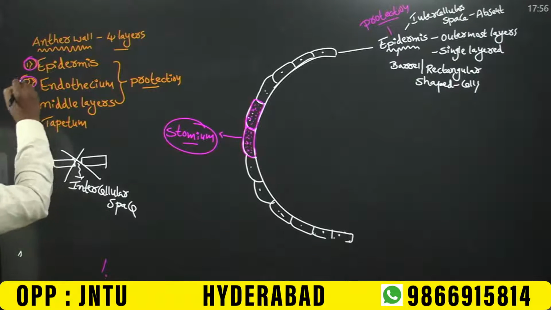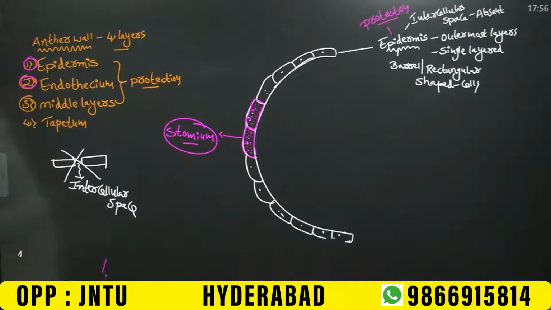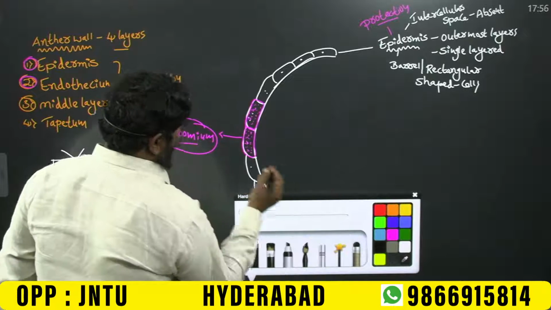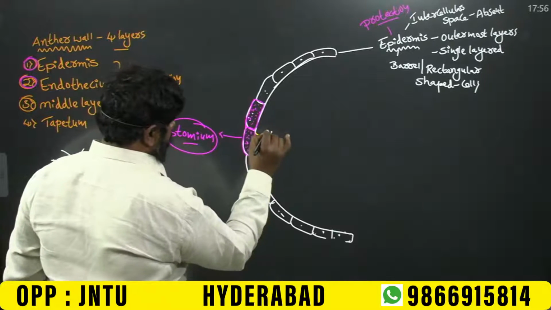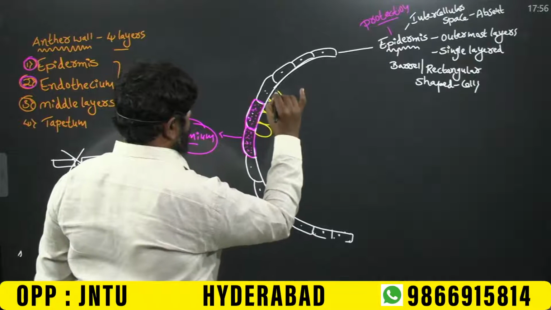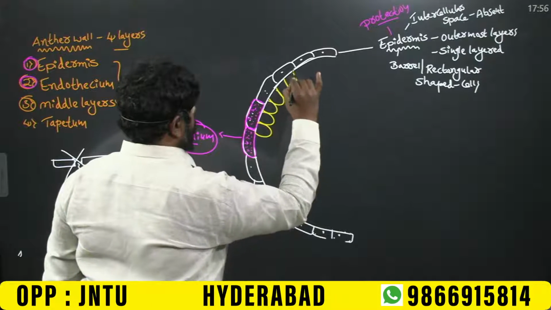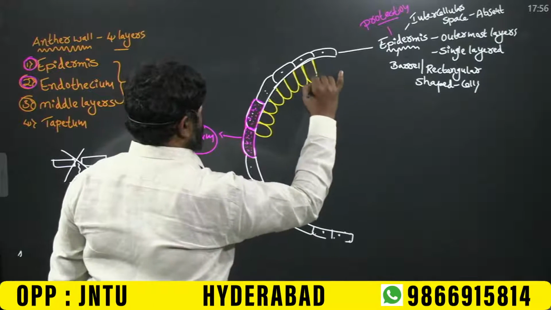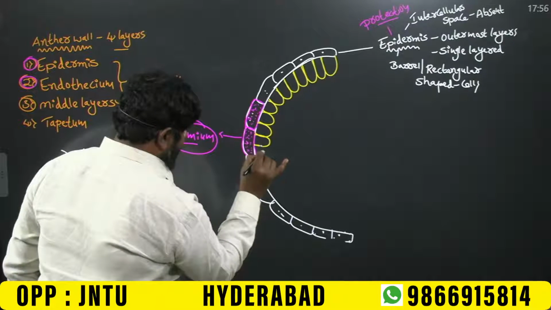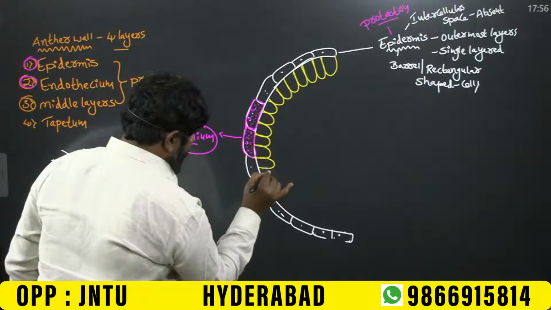And the second part is the endothecium. Where is the endothecium located? See, just below the epidermis, single layered elongated cells are present.